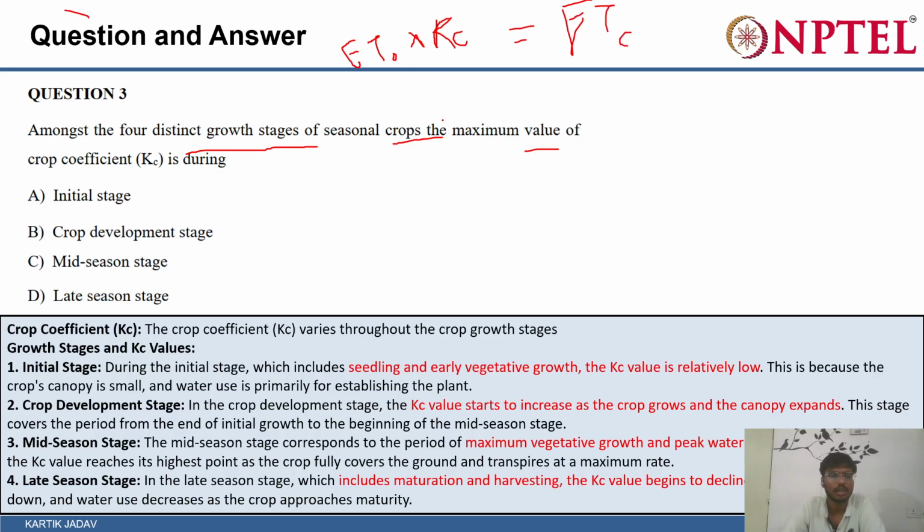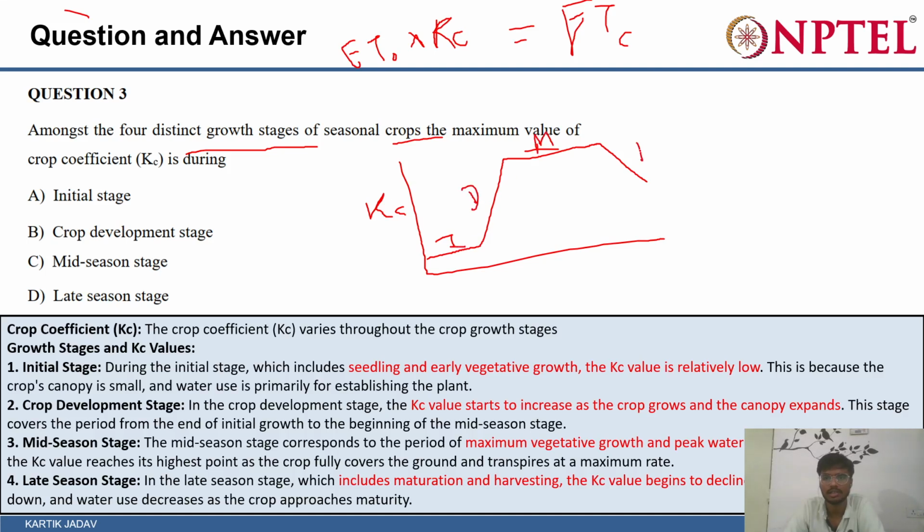Now the question is about the different crop growth stages. We know that there are four growth stages of any crop: the initial stage, the crop development stage, the mid-season stage, and the late season or harvesting stage. And this is the Kc value of the different stages: this is initial, this is development, this is mid-season, and this is late season or harvesting stage.